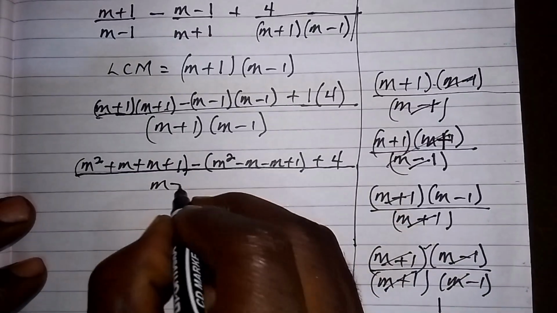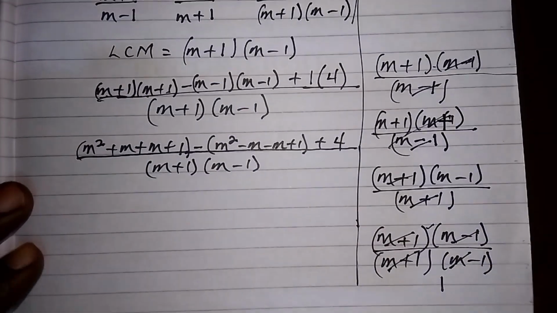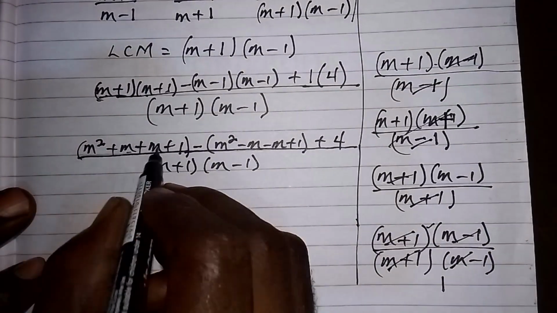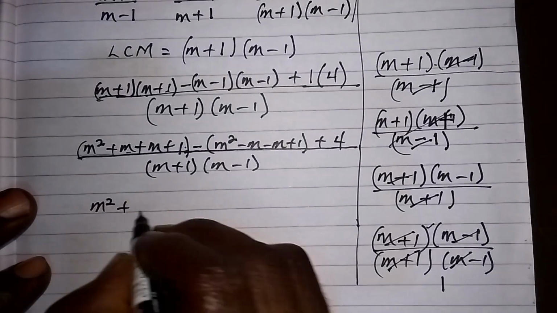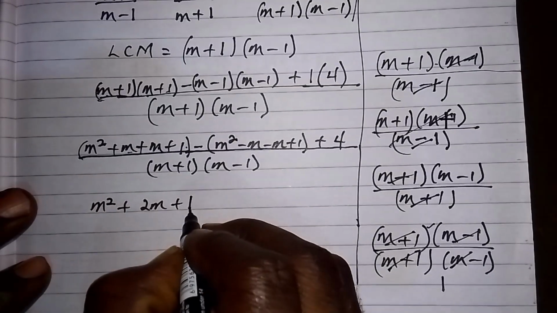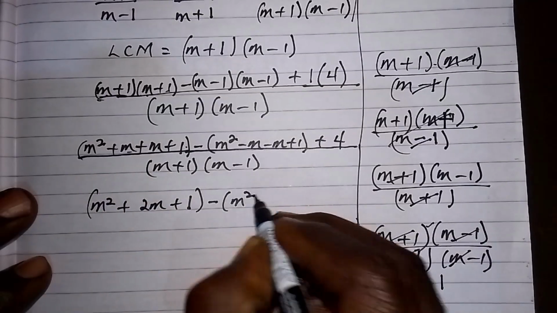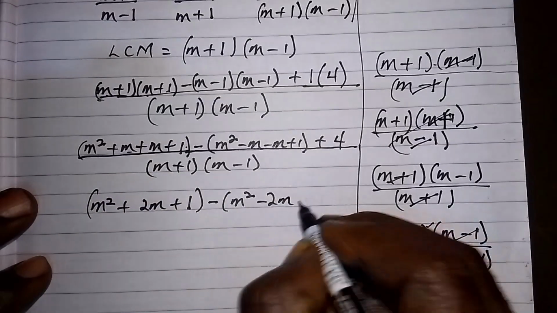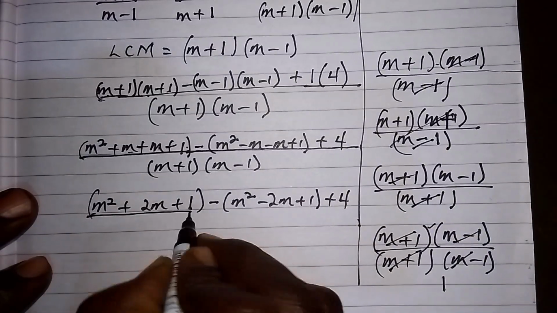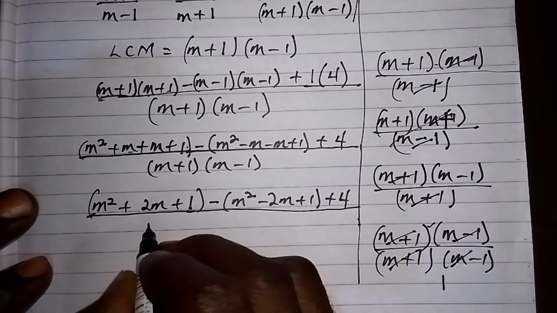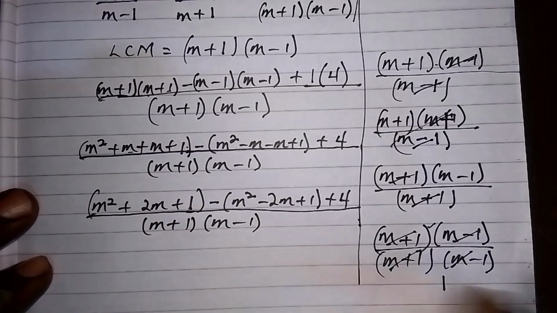If you remember your perfect squares very well, you just apply them. I have m squared, m plus m giving us 2m, plus 1. So m squared plus 2m plus 1, minus (m squared minus 2m plus 1), plus 4, all over the LCM (m plus 1)(m minus 1).